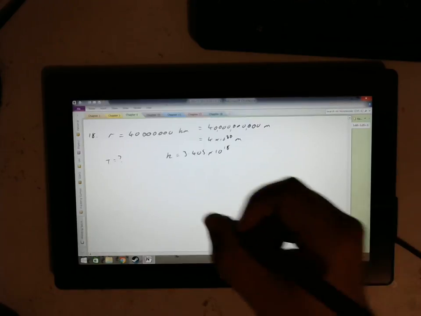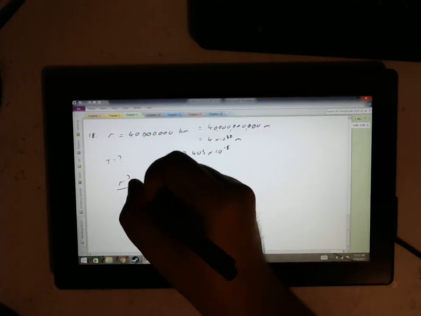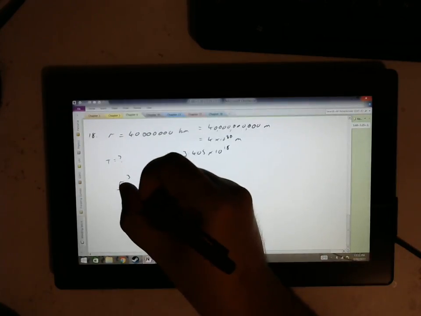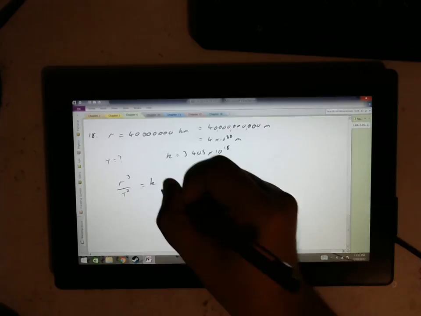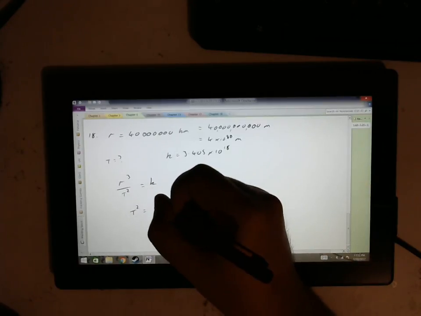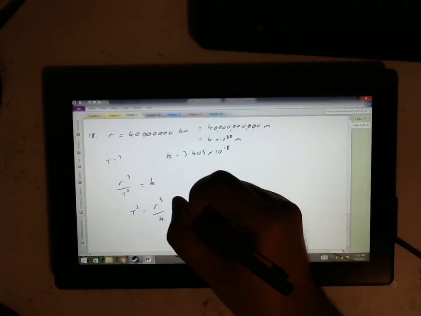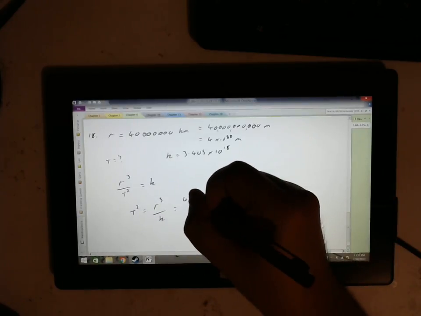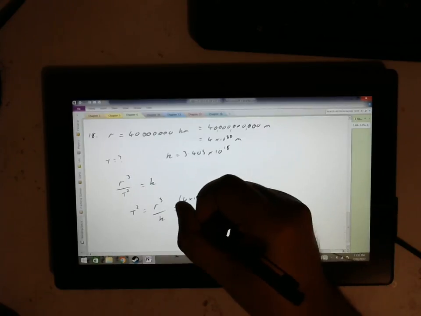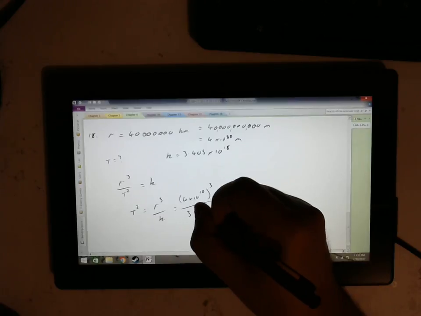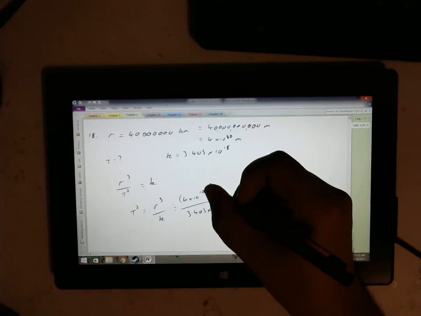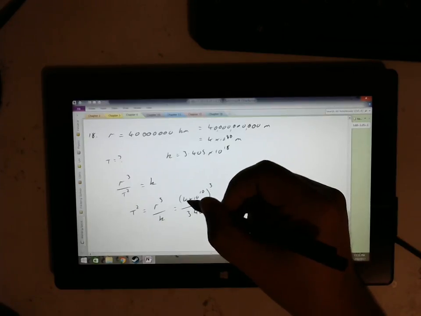So, we know that r cubed over T squared equals k. Let's rearrange that, so T squared is going to equal r cubed over k equals 4 times 10 to the 10 cubed divided by 3.405 times 10 to the 18. 10 to the 10 cubed, that's going to be power 30, power 31.